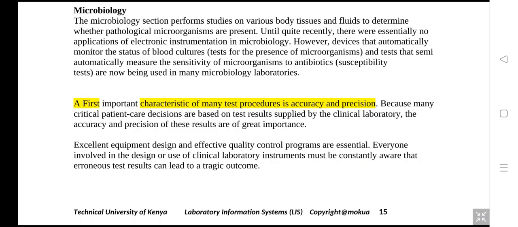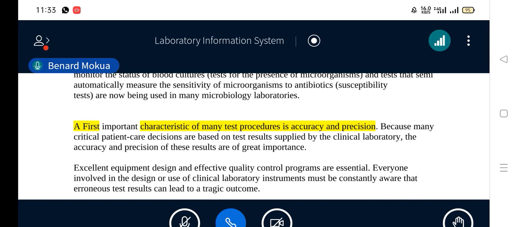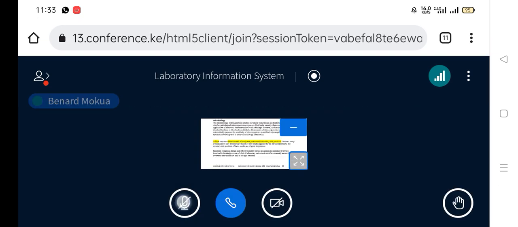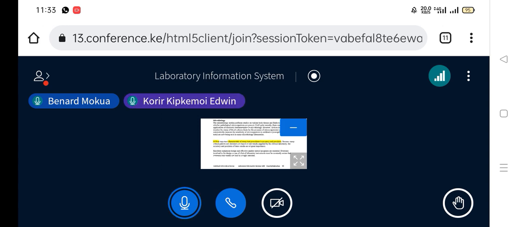Can somebody tell me the range of platelets? I think it is 150 to 450 million.